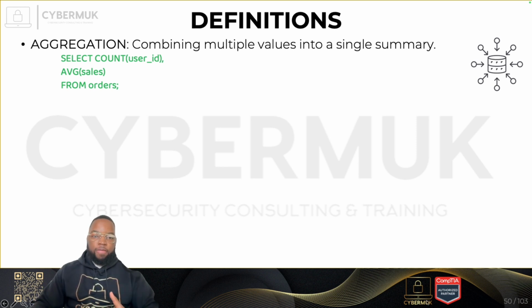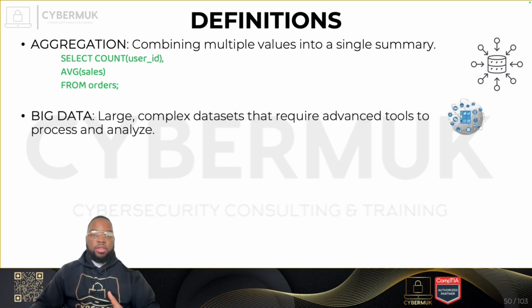You're aggregating. The next definition is big data. Big data, extremely large, complex data sets that require advanced tools to process and analyze. So this is like petabytes of data, typically called big data, like social media activity logs.